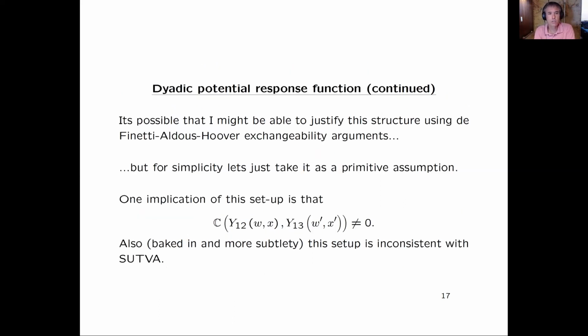But already it has a lot of implications that aren't present in the standard single agent program evaluation model. So, for example, we're going to get covariance across the potential outcomes of dyads that share an agent in common, and also baked into this whole setup, directly but also more subtly, is a complete lack of anything resembling a SUTVA type assumption.